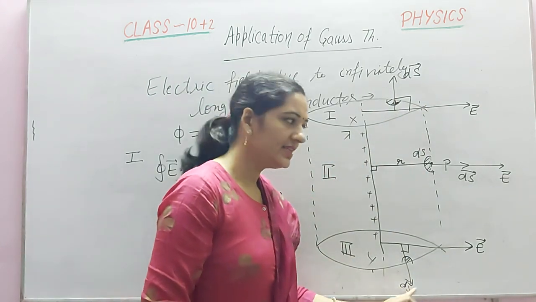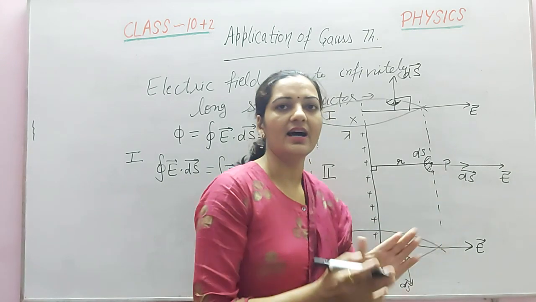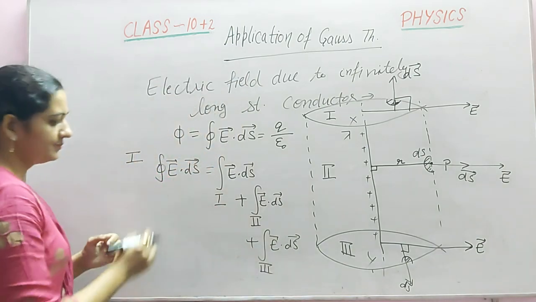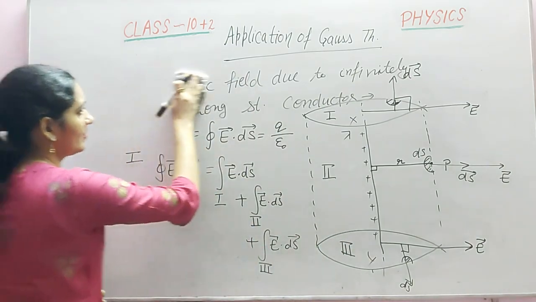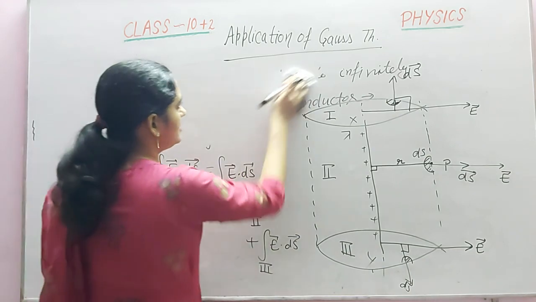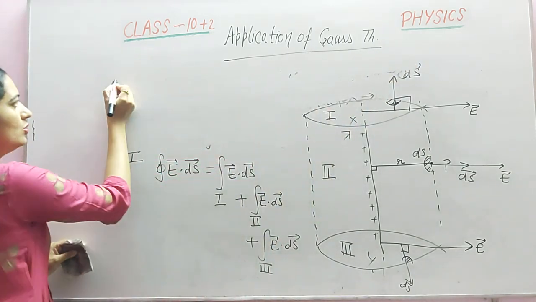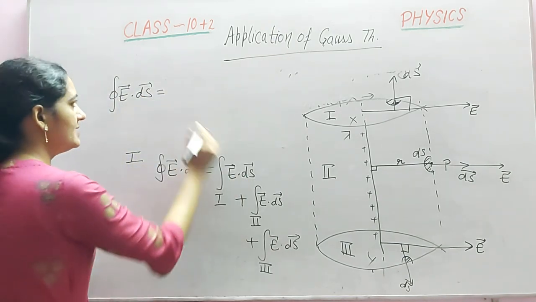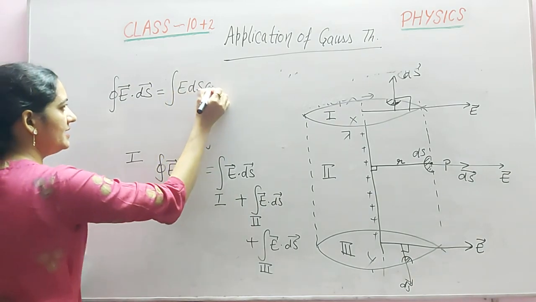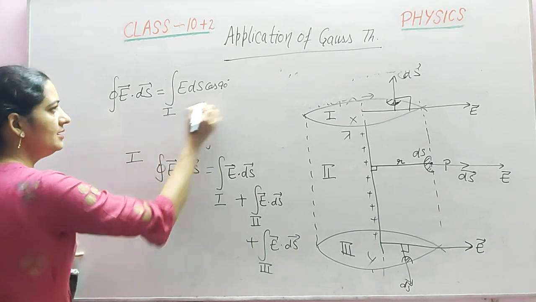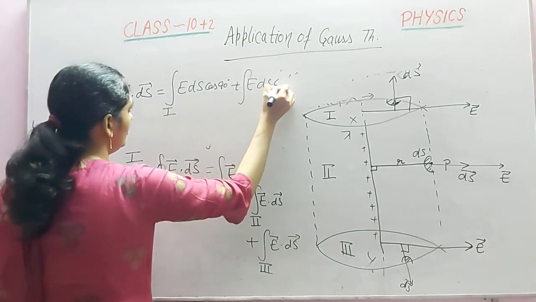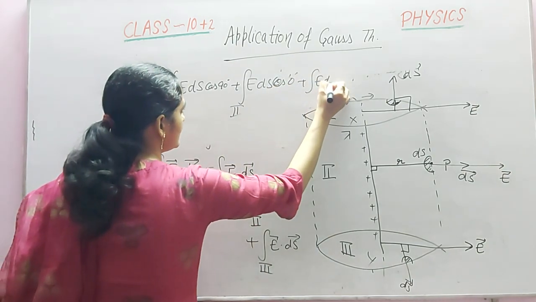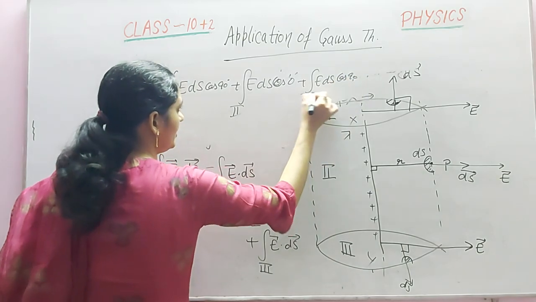In this case also 90 degrees, but in this case E and ds are on the same line, meaning the angle between them is 0 degrees. So we get E dot ds over the closed surface is equal to E ds cos 90 for region 1, plus E ds cos 0 for region 2, and E ds cos 90 for region 3.